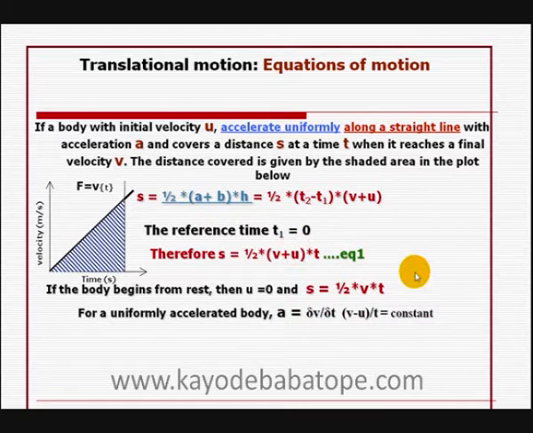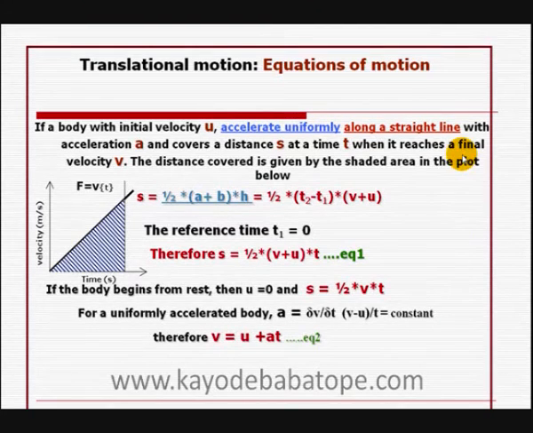Now, for a uniformly accelerated body, acceleration is given by dv/dt, which equals (v minus u) divided by t, and which is a constant. That means that the rate of change of velocity with time is a constant. That is what uniformly accelerated means, and that's why I highlighted this, for me to explain what uniform acceleration means: the rate of change of velocity with time is constant.